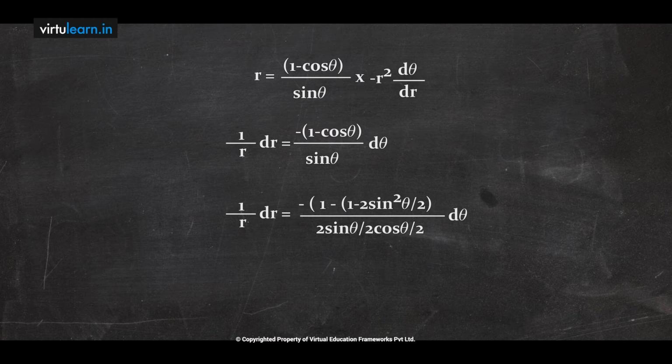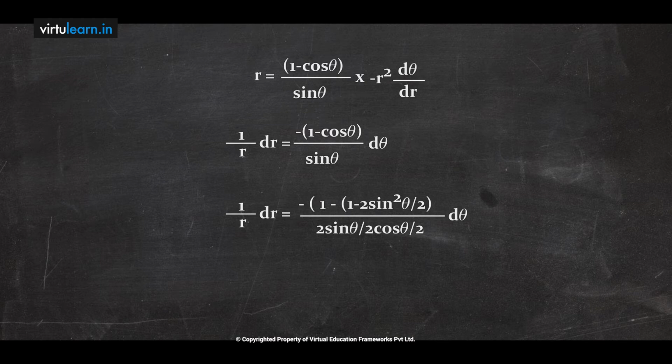Once again I am writing minus of 1 minus in bracket 1 minus 2 sin square theta by 2, into d theta, divided by sin theta, which is also 2 sin theta by 2 cos theta by 2, because the sin 2 theta formula is 2 sin theta cos theta.